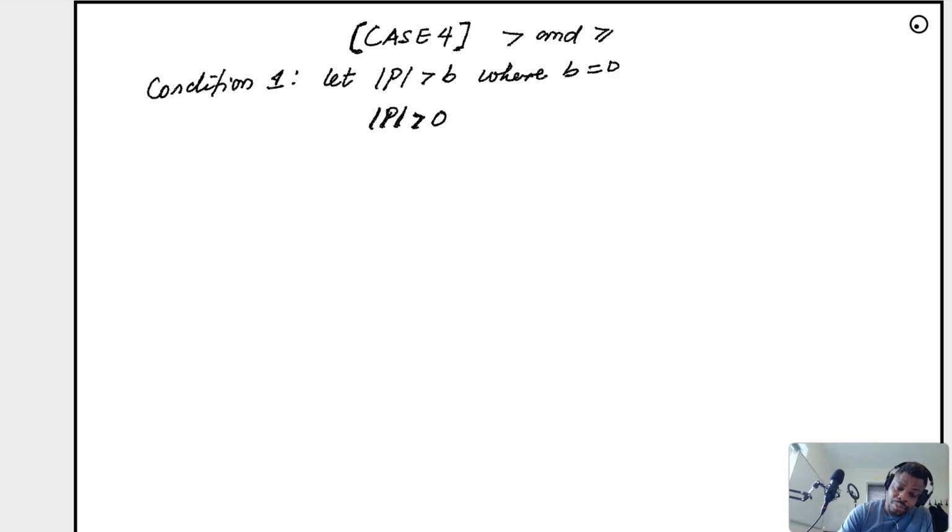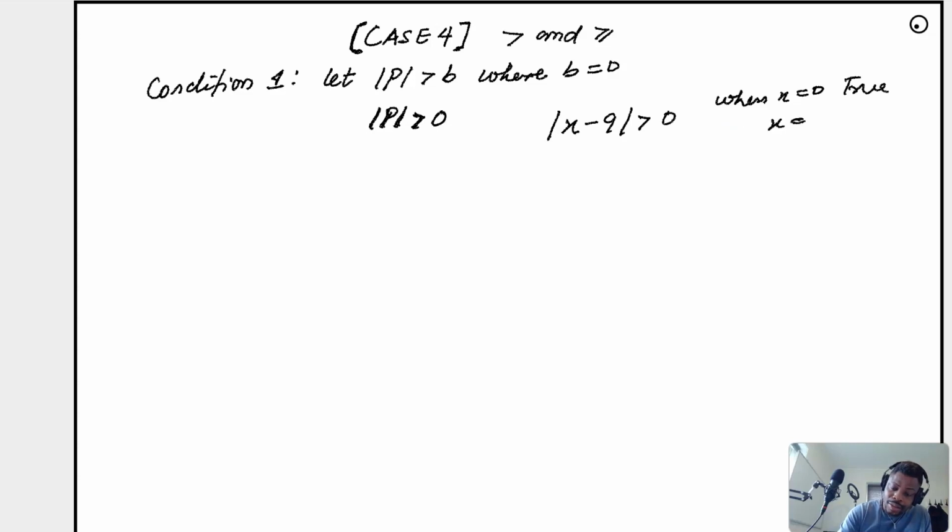For an example, let's say we have modulus x minus 9 greater than 0. When x is equal to 0, that is modulus of minus 9, and that is 9, and 9 is greater than 0. So that will be true.